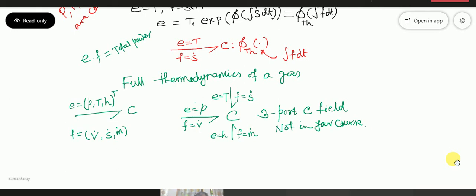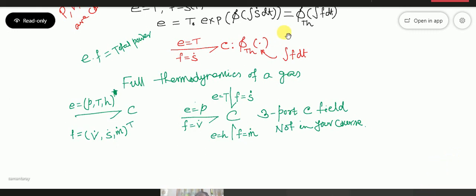You see, this is a vector. When you take the product with this, it is a one row vector and one column vector. Sorry, this one is not transpose. We will take this one transpose. So when we take the dot product, we will get total power.